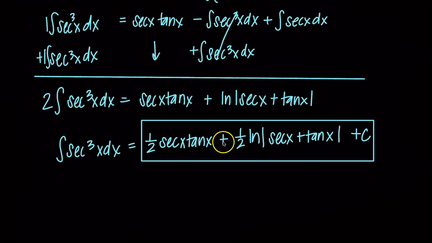This is just the sum of the derivative and the integral of secant x, but with a 1/2 in front. So I think that's maybe a little bit helpful to know. The integral of secant cubed x in particular is 1/2 the derivative of secant plus 1/2 the integral of secant, and then of course plus c.